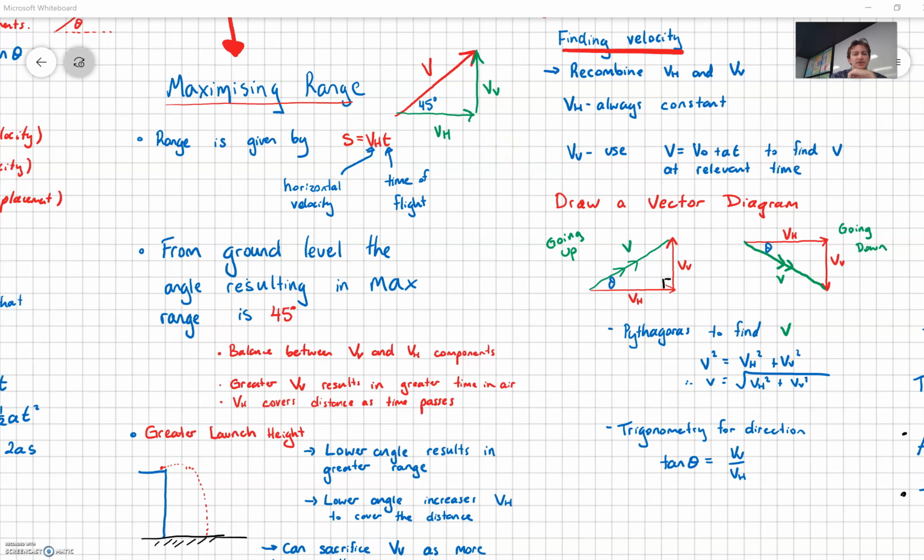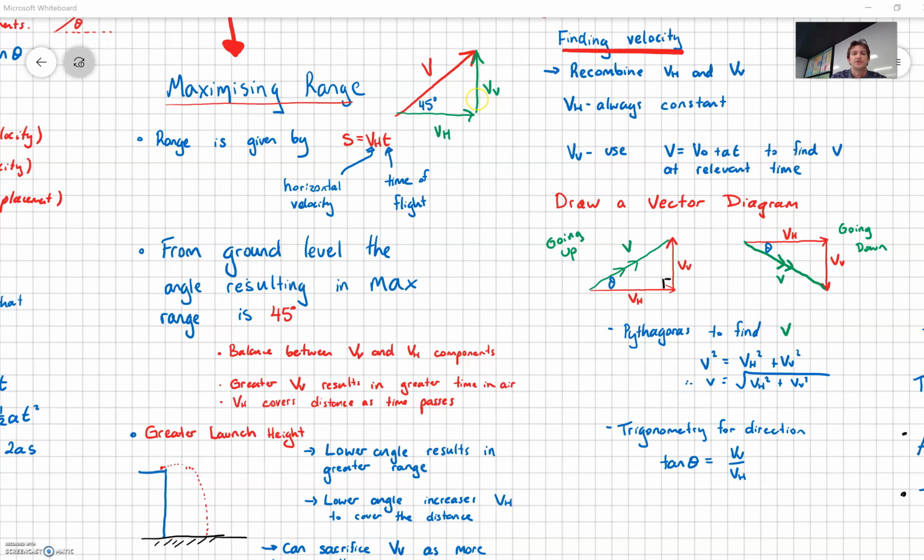And that's important because to calculate range, we do horizontal velocity times time, so both of those factors are important. We need plenty of horizontal velocity, and we also need plenty of time. 45 degrees just gives a nice balance between the two, because if we've got a greater vertical component, and the vertical component of the velocity contributes towards time in the air, then we're in the air for longer, but we also sacrifice the horizontal component.